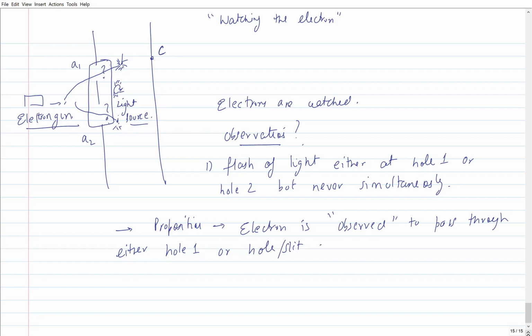Slit 2. When I do the experiment, this is indeed correct. So my proposition, let me call it proposition B, seems to be true experimentally. That's indeed what happens when I do experiments.